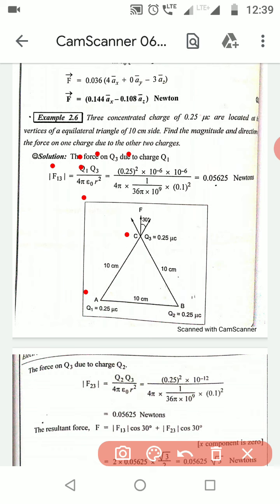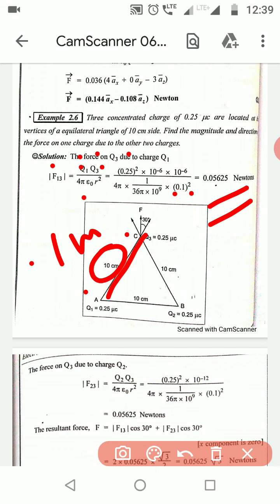Okay, q1 q3 divided by 4 pi, the value of epsilon 0 is 1 by 36 pi into 10 raised to 9, into the distance between these charges, which is given in the question, that is 10 centimeter. 10 centimeter equals 10 into 10 raised to minus 2 meter, that is 0.1 meter. That's why r is 0.1. We can find out the value of force is 0.05625 newton.